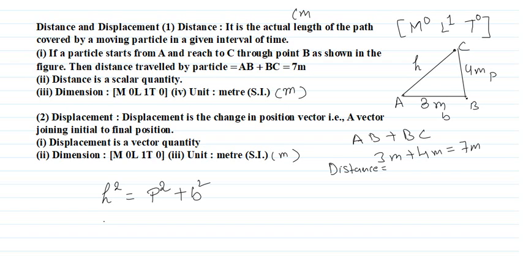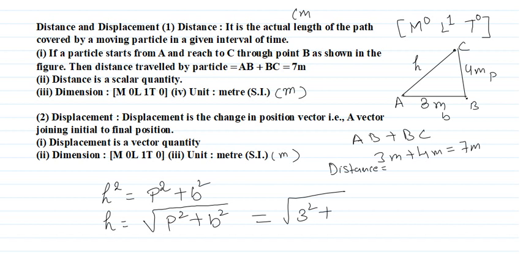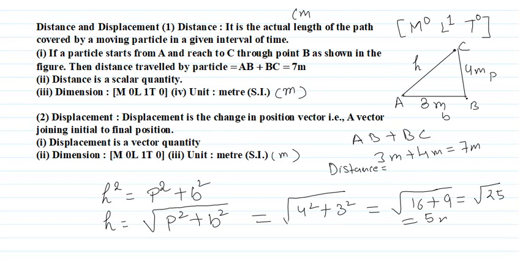Then the hypotenuse will be the square root of p square plus b square. Sorry, the perpendicular square is 4 square, and the base is AB, which is 3 square. So this will be 16 plus 9, 25, that is 5 meters.